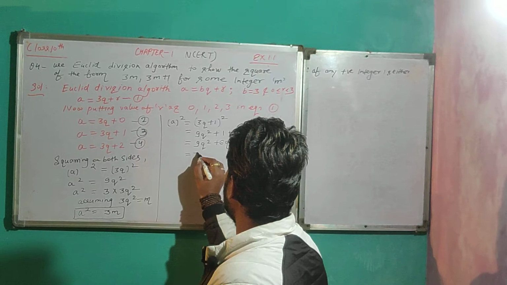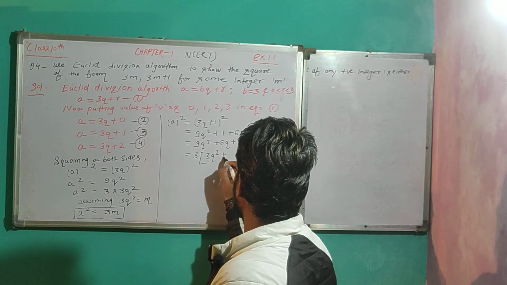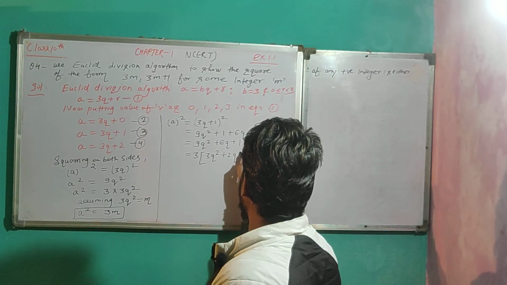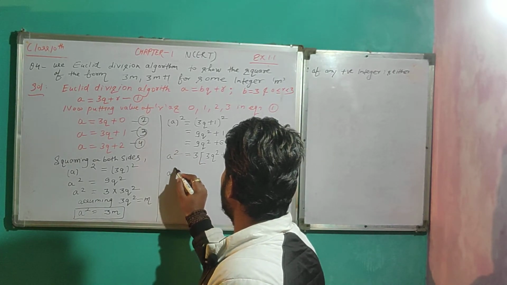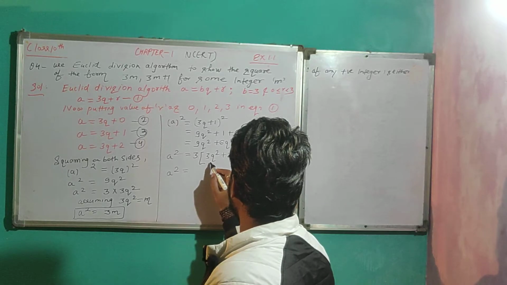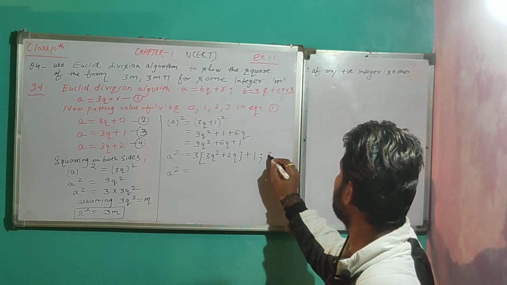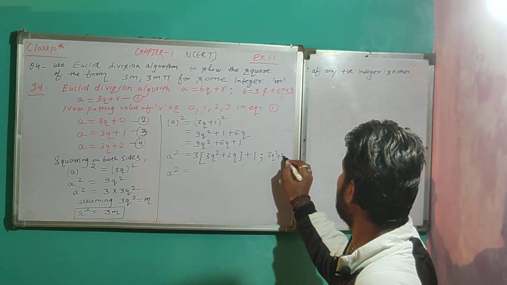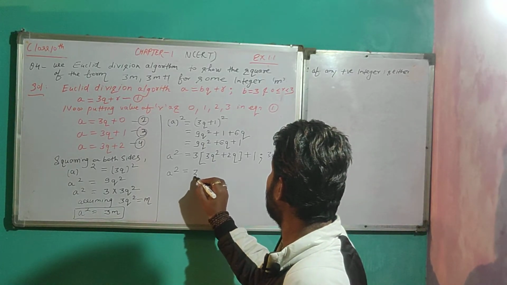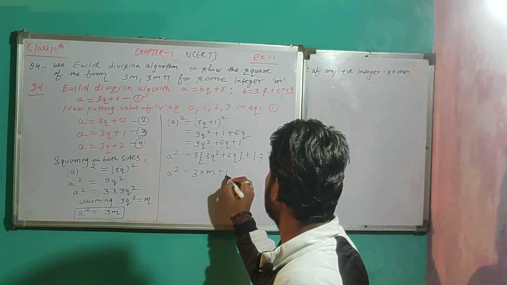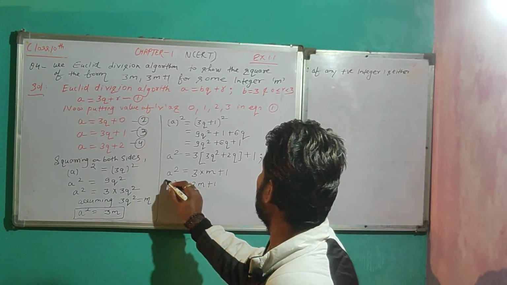Taking 3 out from these two terms, this will be 3 times 3q square plus 2q, plus 1, is equal to a square. Therefore, assuming 3q square plus 2q is equal to m, we get a square is equal to 3m plus 1.